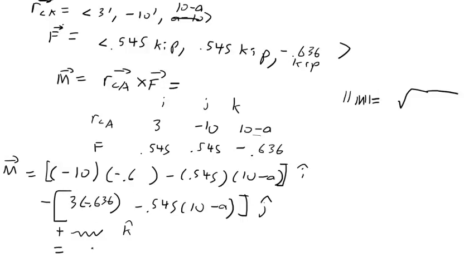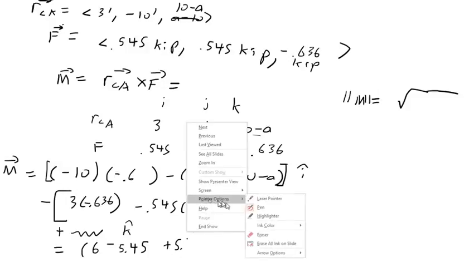So this comes to, let's see, 6 minus 5.45 plus 0.545a.